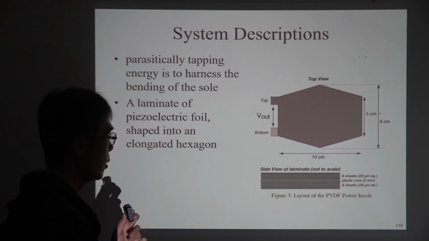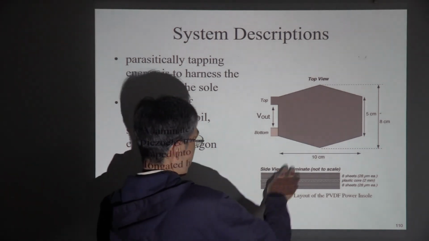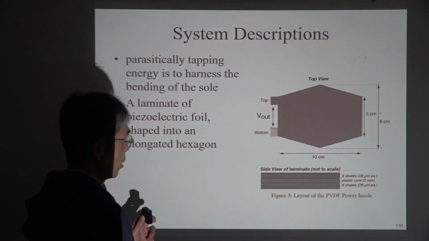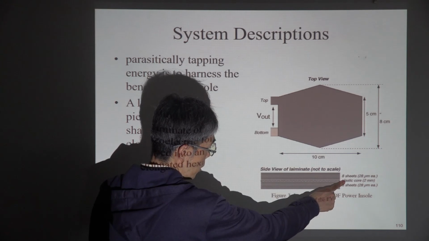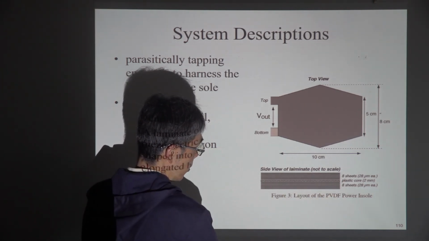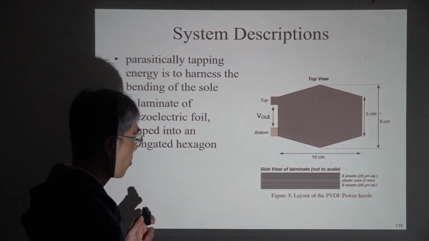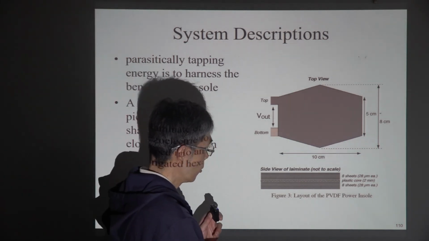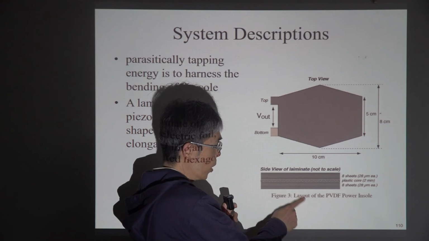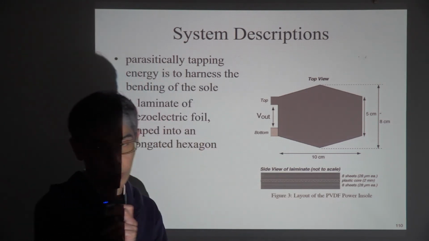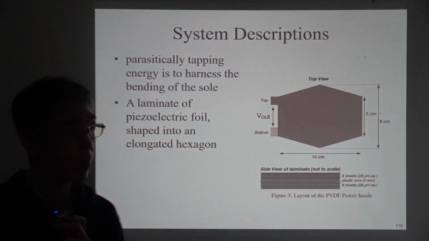Okay, therefore we design the sole of the shoes with a composite material. So we have a plastic core at the center, and we have PVDF material in the upper part and lower part. PVDF material is also a piezoelectric material.